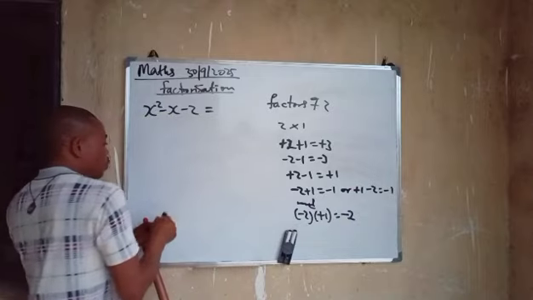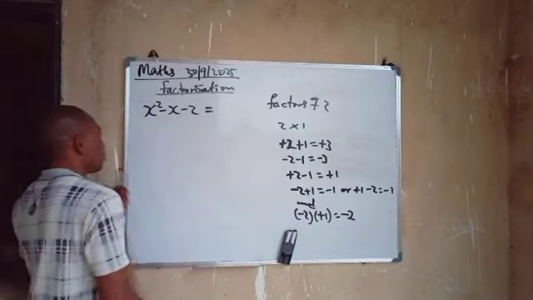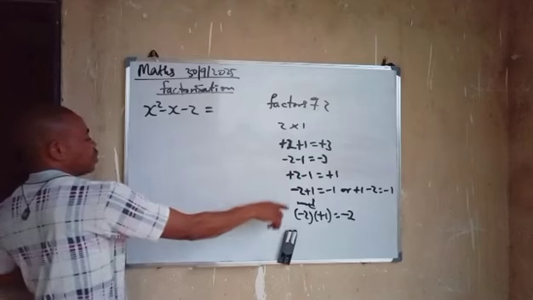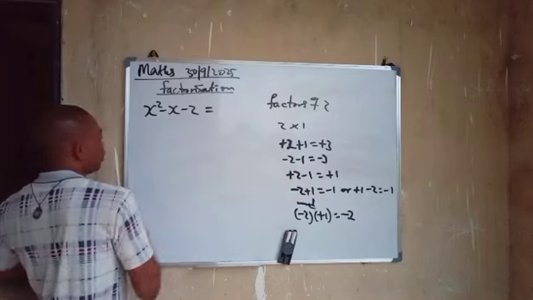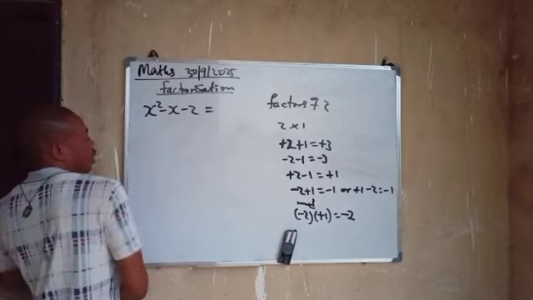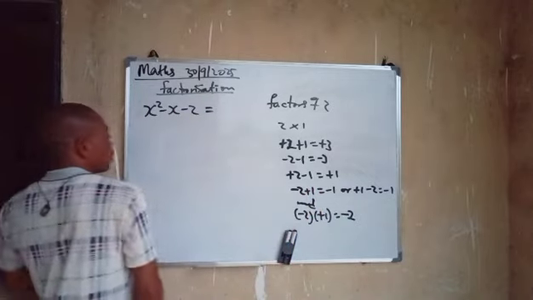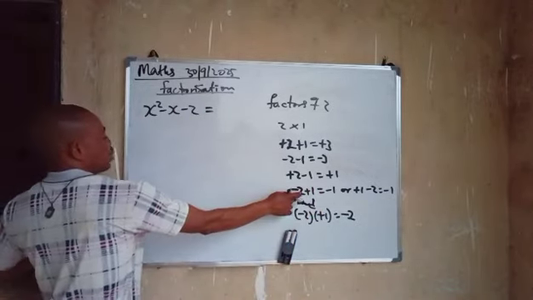We now use the 2 factors to replace the coefficient of the middle term. Let's pick this one. We now have minus 2 plus 1.